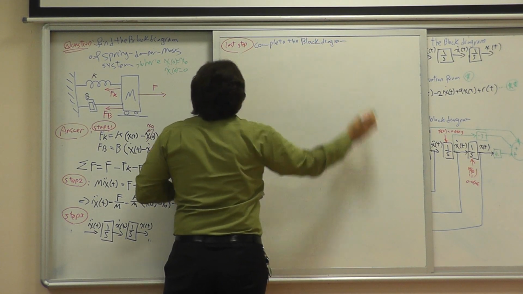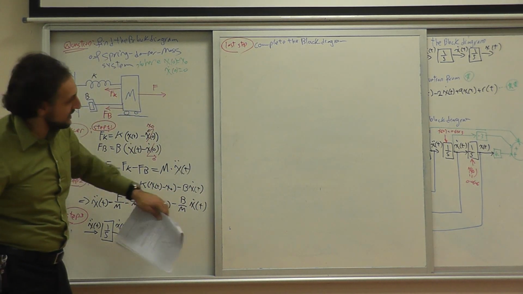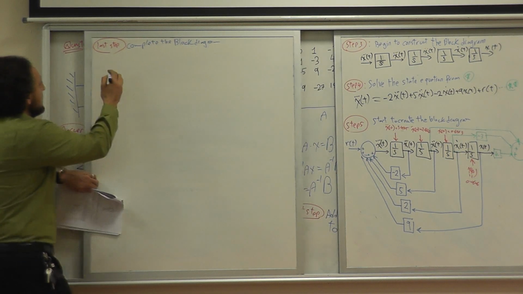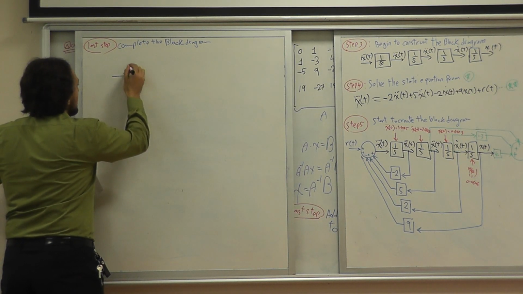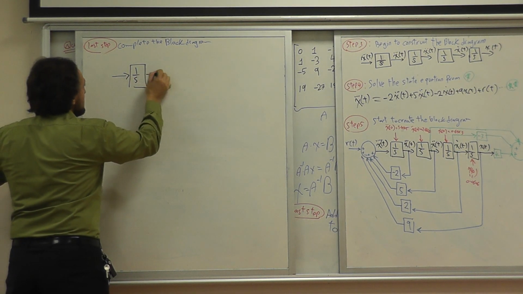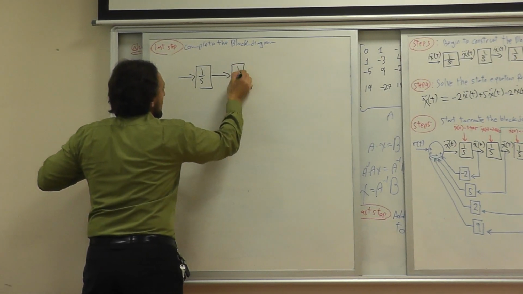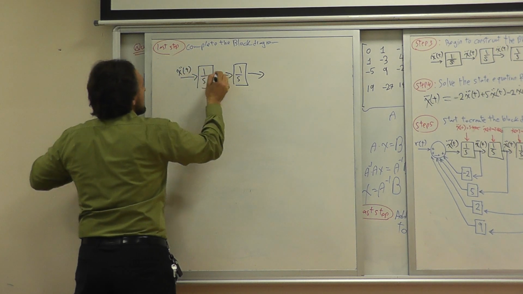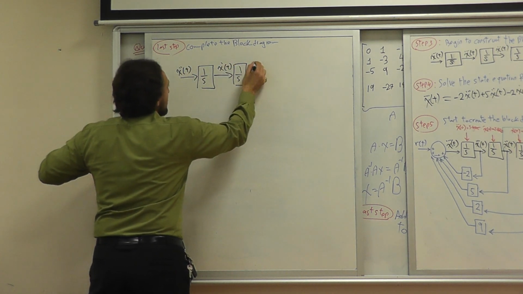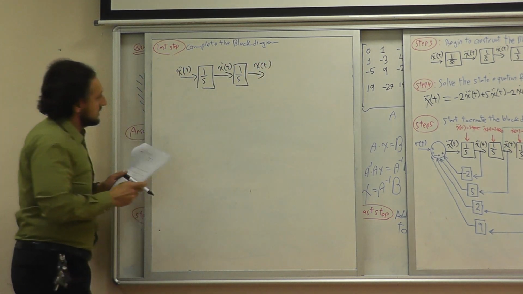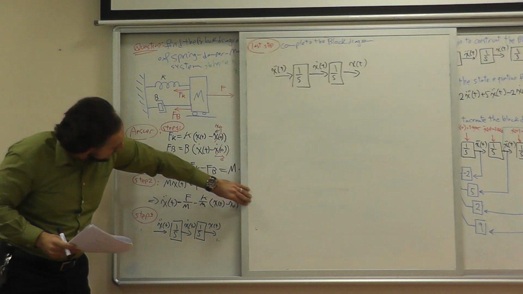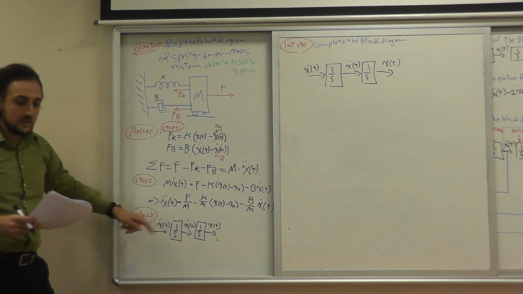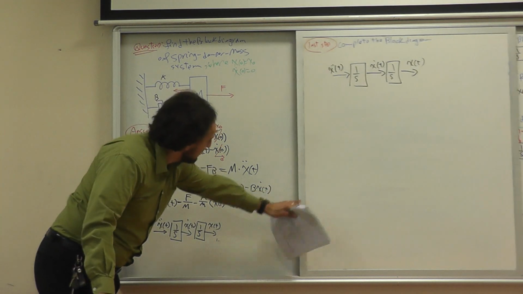Kim yardım edebilir? Who can help me here? Let me draw this, okay? So it will be 1 over s, 1 over s, and x. Okay, and what is my equation? This is the equation. So this is the main equation.